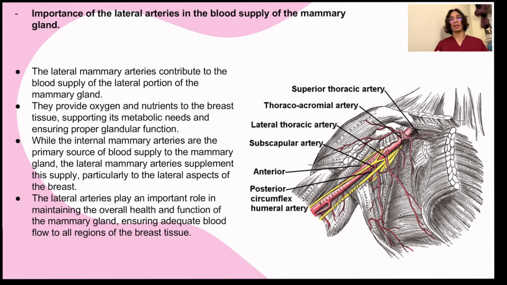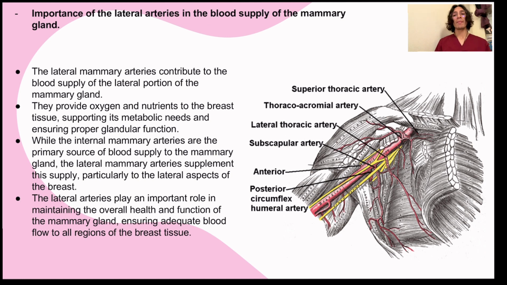Importance of the lateral arteries in the blood supply of the mammary gland. The lateral mammary arteries contribute to the blood supply of the lateral portion of the mammary gland. They provide oxygen and nutrients to the breast tissue, supporting its metabolic needs and ensuring proper glandular function.